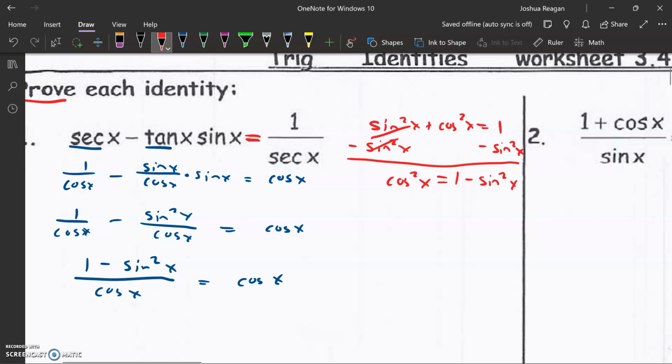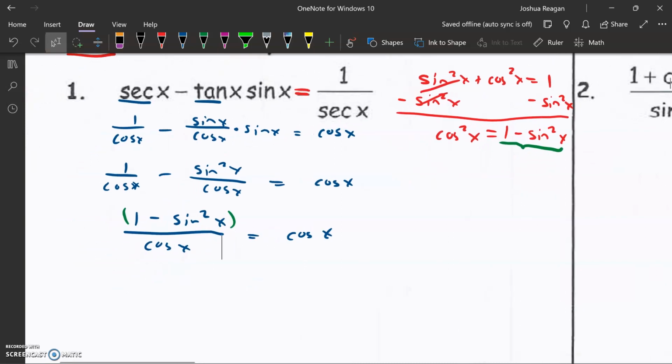Now I want you to notice where it's tying in. We have our 1 minus sine squared of x, and we have our 1 minus sine squared of x. It's the same thing, they're equivalent. So instead of writing 1 minus sine squared of x, what is it equal to?